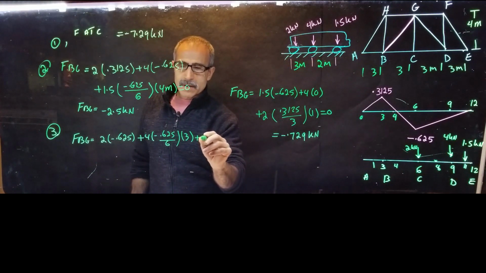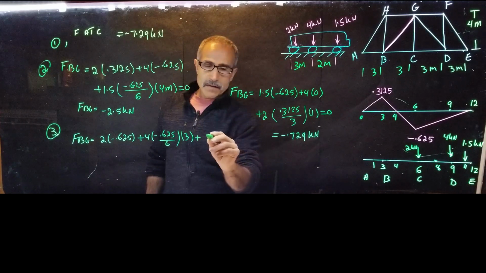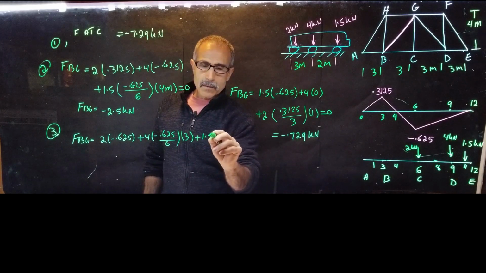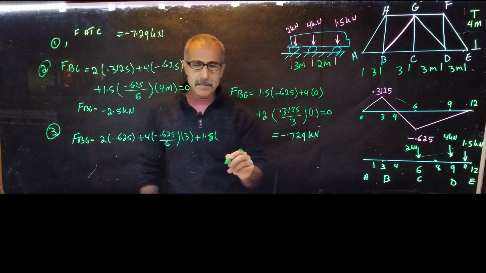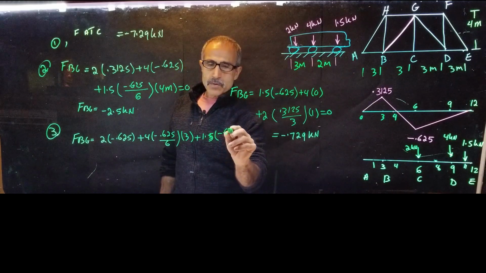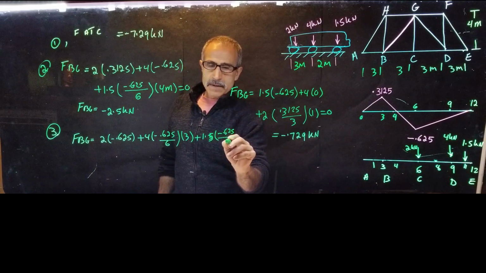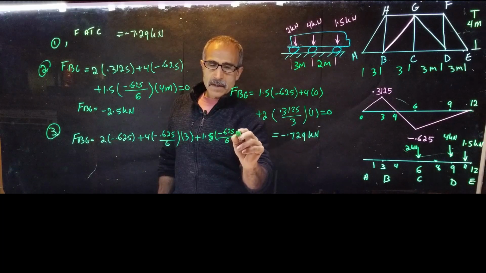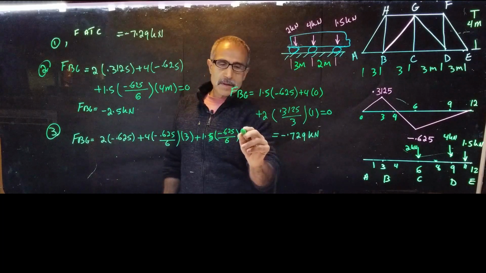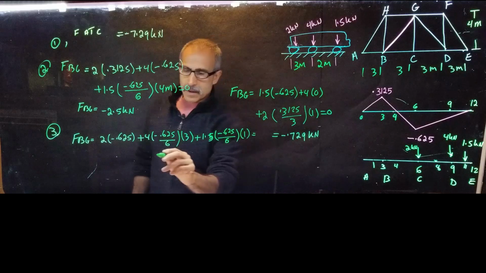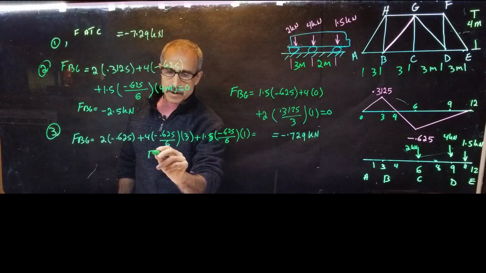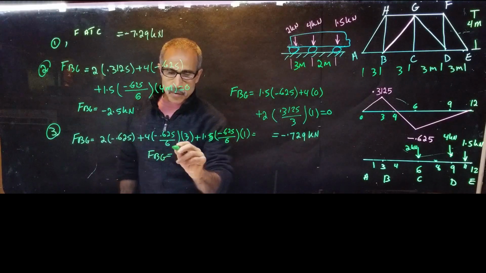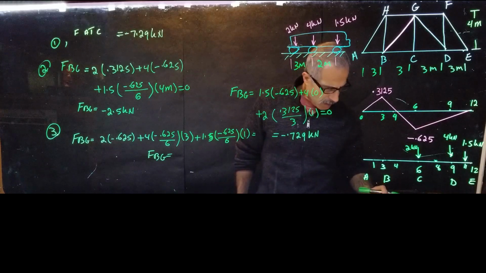And plus the last one, 1.5 times minus 0.625 divided by 6, times 1 meter, how far away it is. So F_BG comes out to minus 2.66.